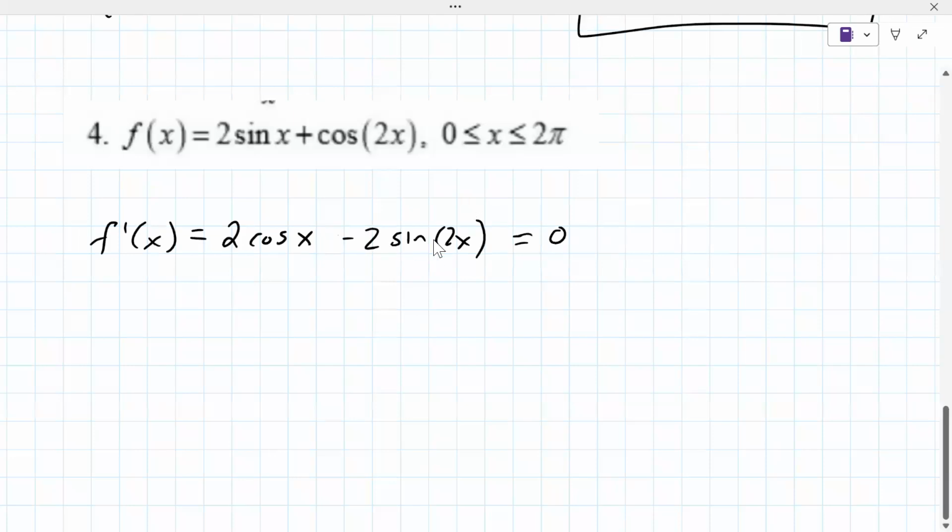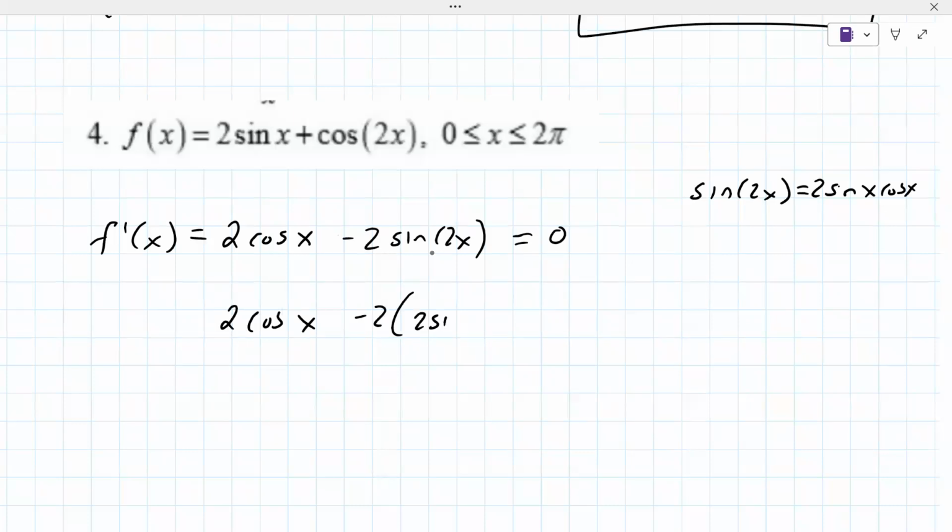One of the big problems here is that sine of 2x doesn't match with cosine x, but sine of 2x is a double angle formula. It becomes 2 sine x cosine x, so this becomes 2 cosine x minus 2 times 2 sine x cosine x equals 0. You have 2 cosine x minus 4 sine x cosine x.